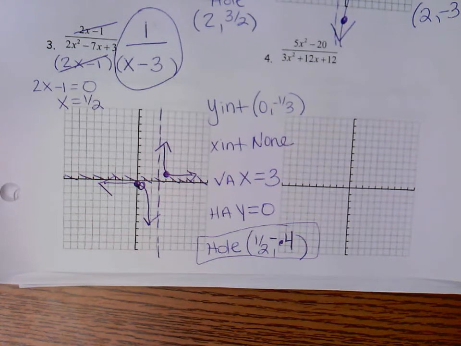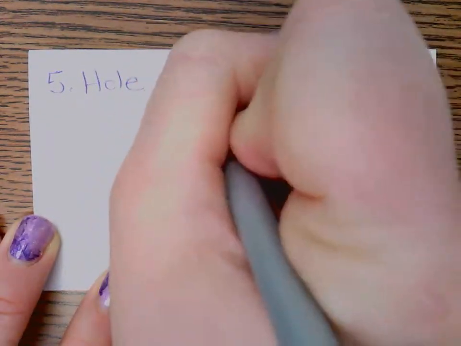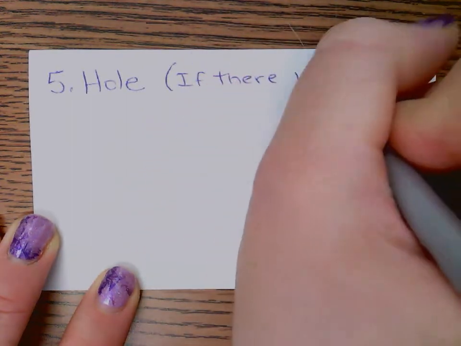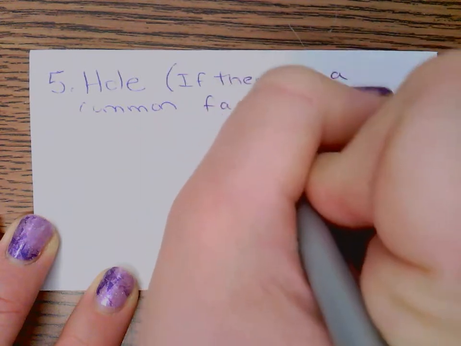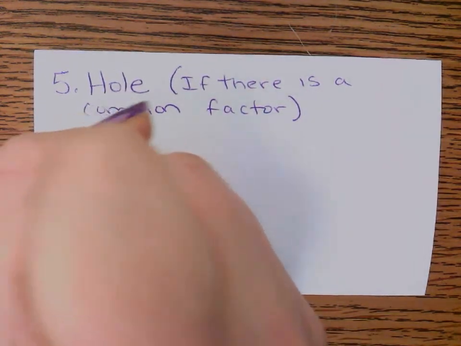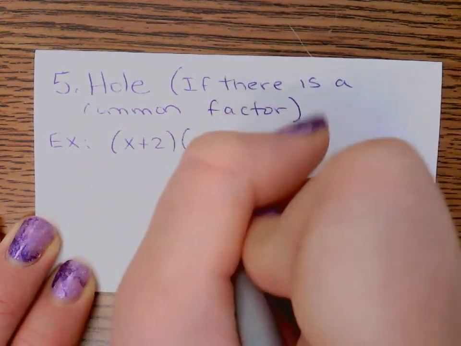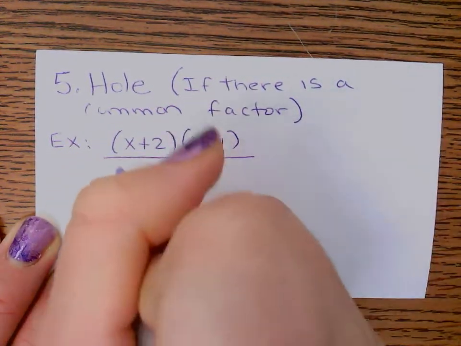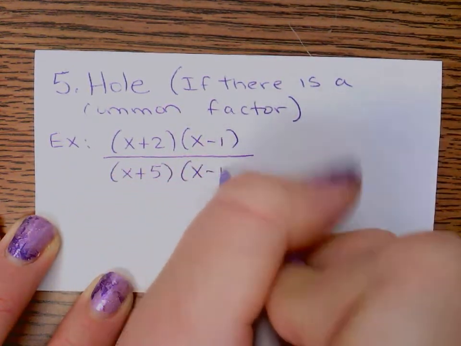So on the back, you're going to write step 5: find the hole if there is a common factor. So here's my example: x plus 2, x minus 1 over x plus 5, x minus 1.